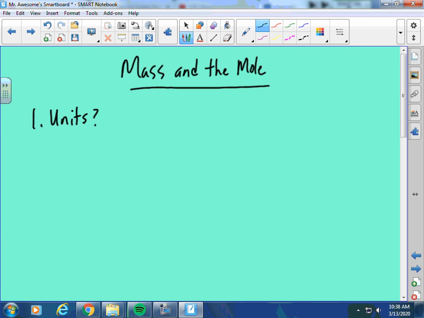The first thing I would look for is mass or grams or g. Is any of that in the problem? Because right away, if I see that, that tells me that the tool I'm going to use to convert is going to be the molar mass.